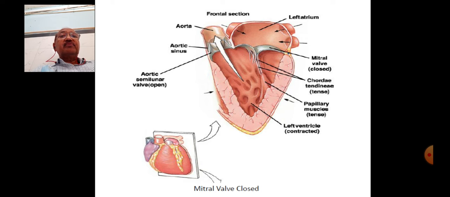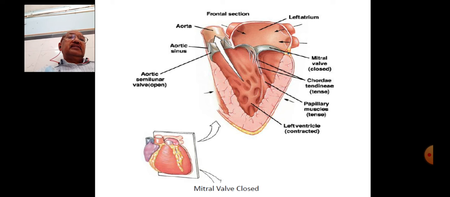can produce mitral regurgitation. As we all know, the mitral valve is present between left atria and the ventricle. There is anterior mitral leaflet and posterior mitral leaflet, and these leaflets are connected through chordae tendineae to papillary muscles, and the papillary muscles are attached to the left ventricular myocardium.